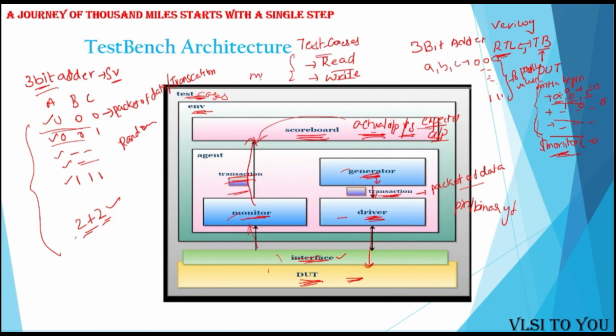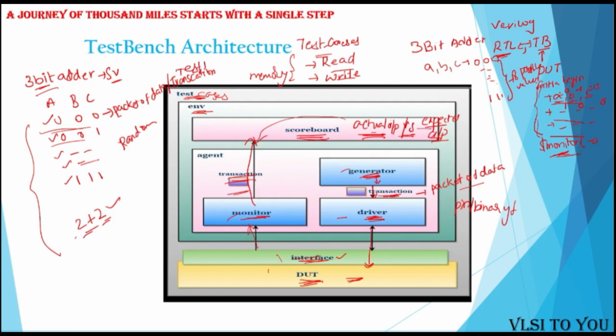In a similar way, for any other design you are going to design, there may be some test cases. The test cases are nothing but whatever you want to test for that particular design. All these are considered as test cases in SV. The test cases will be within the test bench top.